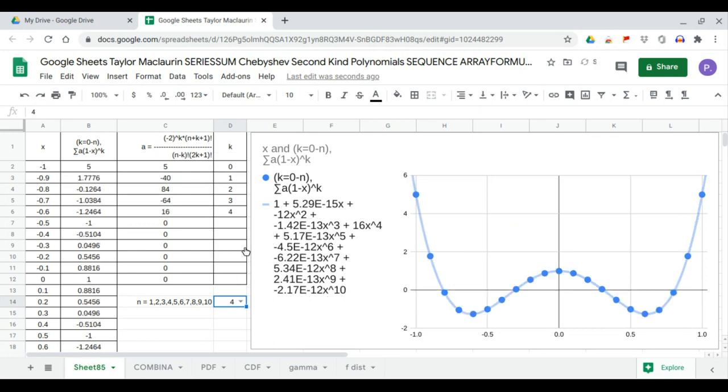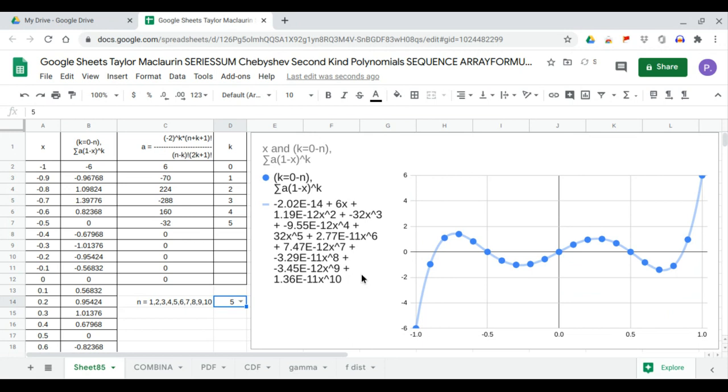At n equals 4, our Chebyshev second kind polynomial y equals 1 minus 12x squared plus 16x to the fourth. At n equals 5, y equals 6x minus 32x cubed plus 32x to the fifth, and that's it.